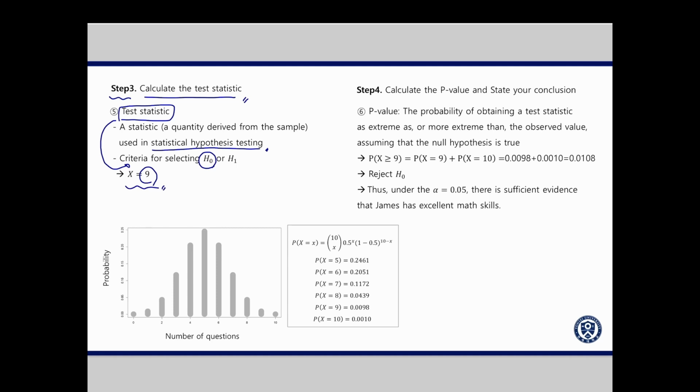Okay, and step 4, the final step, is to calculate the p-value and state your conclusion. The p-value is the probability of obtaining a test statistic as extreme as or more extreme than the observed value, assuming that the null hypothesis is true.